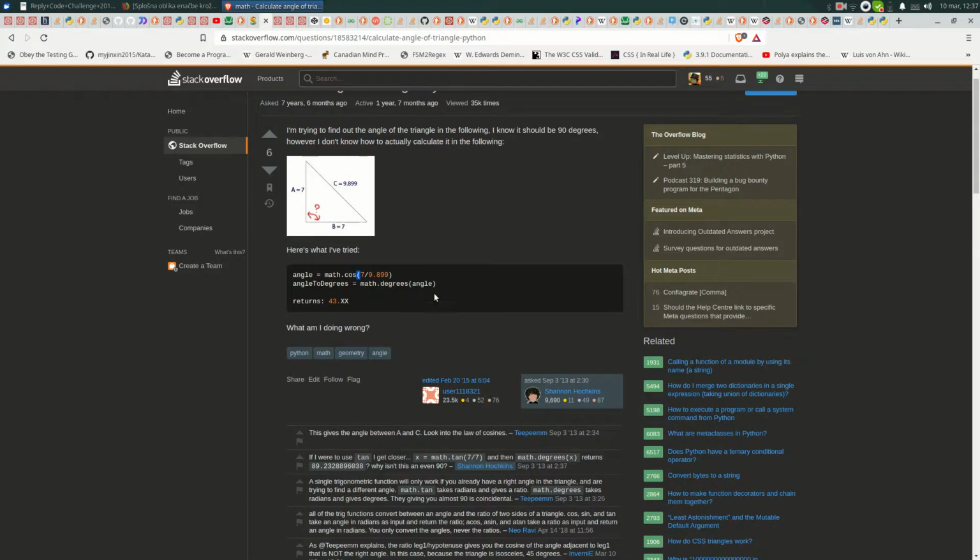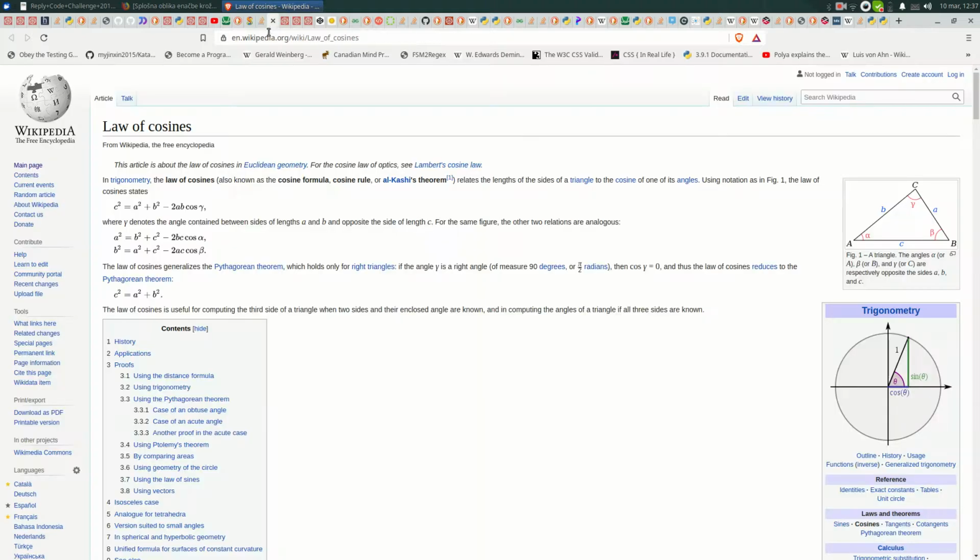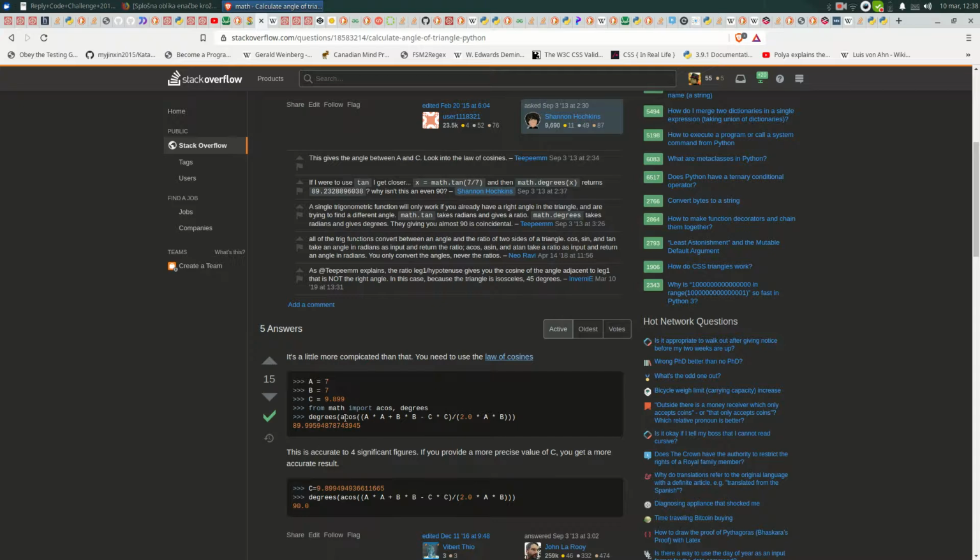You can get angle and then degrees. A little bit more complicated than that. You need to use the law of cosines. Yeah, that's also what we can do. Law of cosines. Cosinus. Alright, so you need to use the law of cosines.